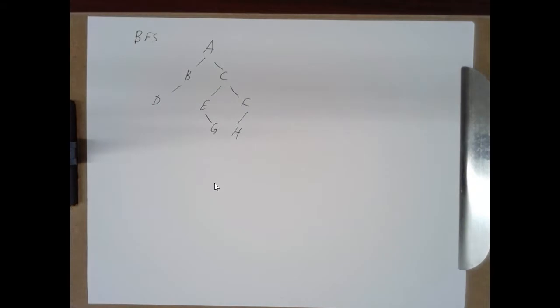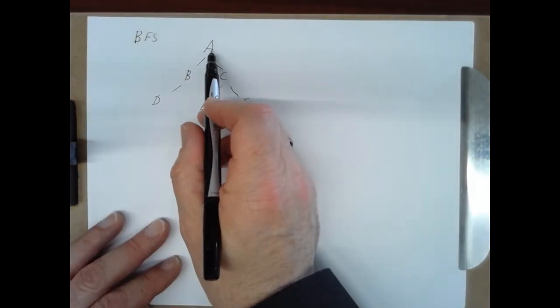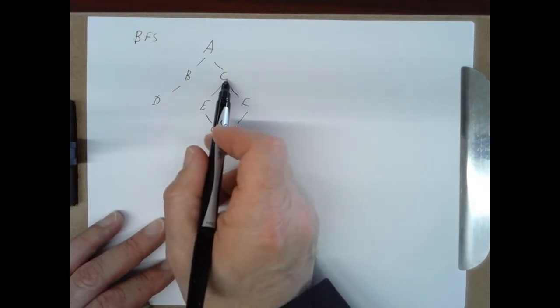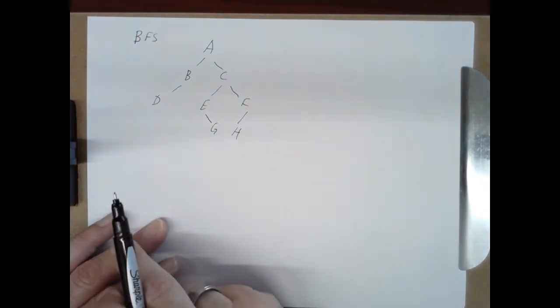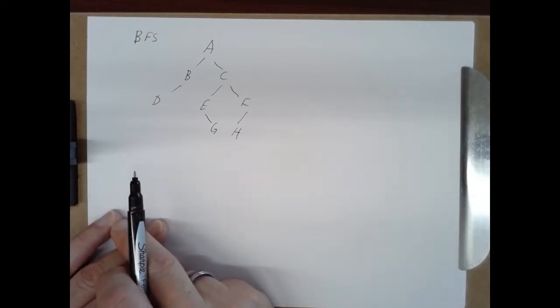Let's say it looks like this. The idea is we want to print out the nodes on the highest level first, the root A, and then come down to the second level and print out the B and C, and then the D, E, F, and the G and the H. And it's hard to do this recursively.